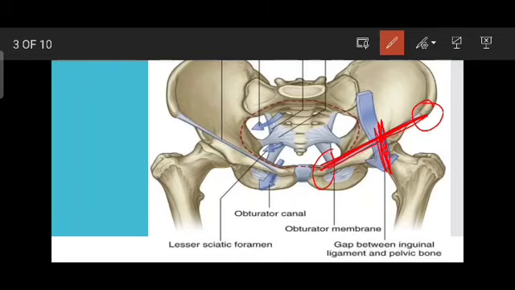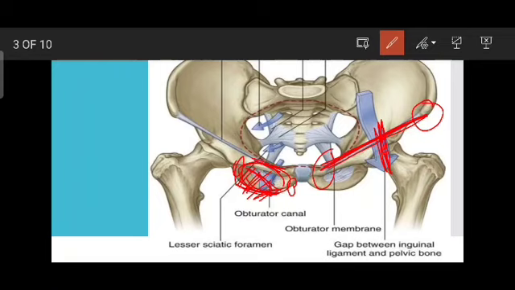We move to the obturator canal. First of all, you want to know the obturator foramen. The obturator foramen is formed by the inferior ramus and the superior ramus and the adjacent bones. This obturator foramen is fully covered by the obturator membrane.